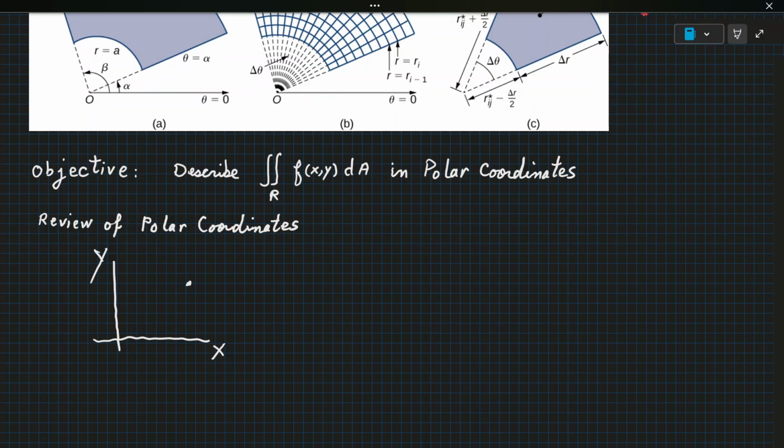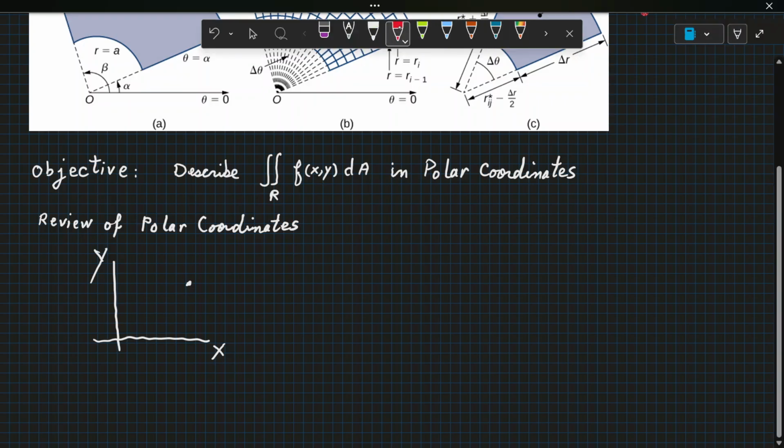But if you want to describe it with the polar, your favorite variables are the distance from the origin, which you call r, and the angle that you make with the x-axis, which is theta. If you remember, going counterclockwise in mathematics is considered positive. Going clockwise is considered negative.